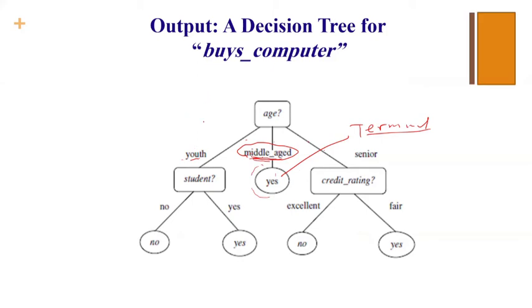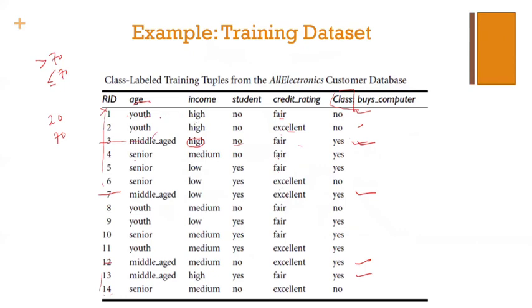Now, when we go, we choose student. So we check, are you a student? He said no. See, that is everybody that has age youth. You see here, the age is youth. But because this is youth, this is no, and you can see some youth here, yes.